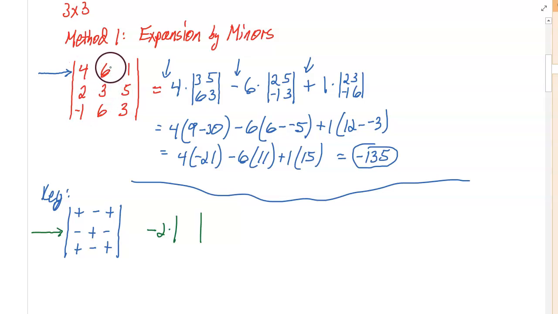So the numbers would be the 6, the 1, the 6, the 3. Now a plus sign from right here. And the next number in row 2 is a 3. That gets multiplied by a 2 by 2 determinant. Not using the numbers from row 2 or from column 2. So it's 4, 1, -1, and 3.